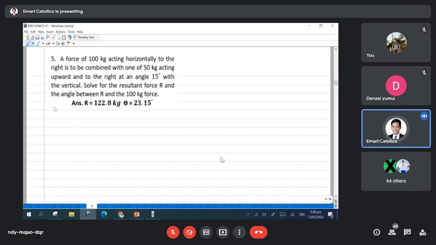So try natin i-drawing yung diagram ng number 5. No? So meron ka daw 100 kg of force acting horizontally. So kung ito ang iyong component, x and y component, ayan. So kung ito yung y, ito yung x component, since sinabi horizontal, therefore yung 100 kg force mo, andyan yan. Okay?